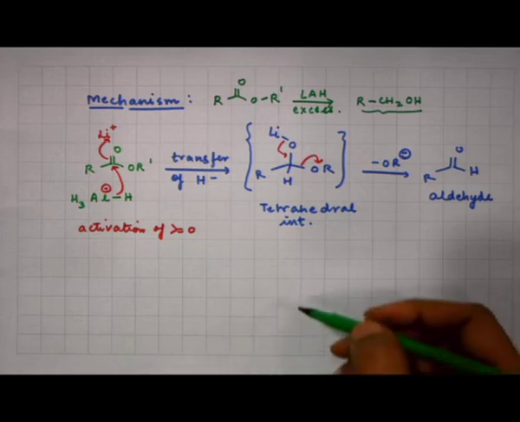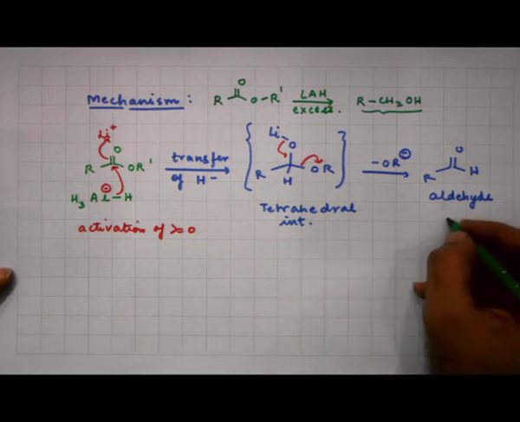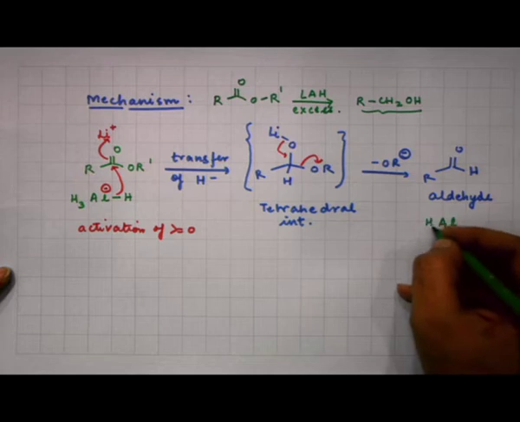So, you get an aldehyde from this intermediate and the next step would be repetition. Just the way an aldehyde would be reduced by lithium aluminium hydride, the same thing happens.